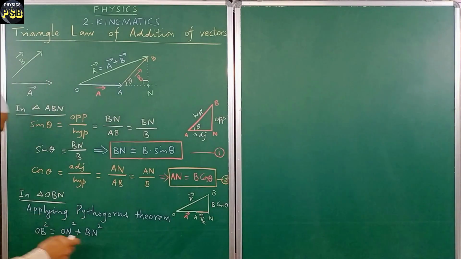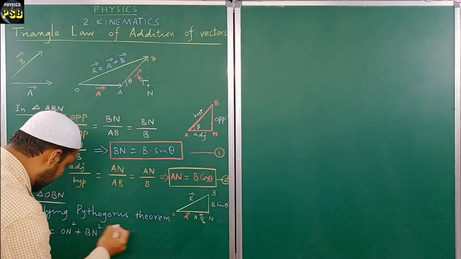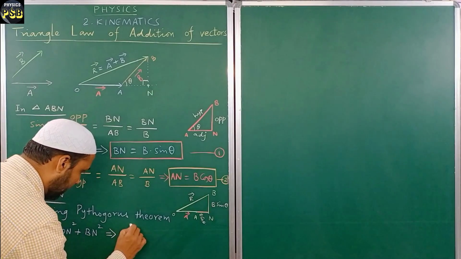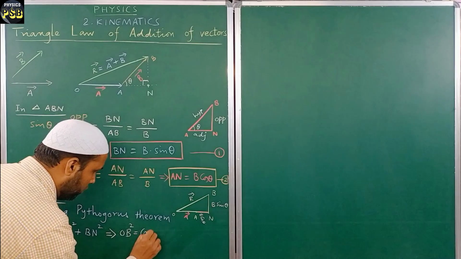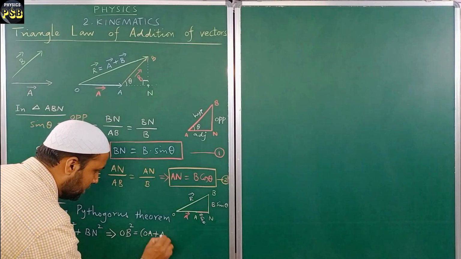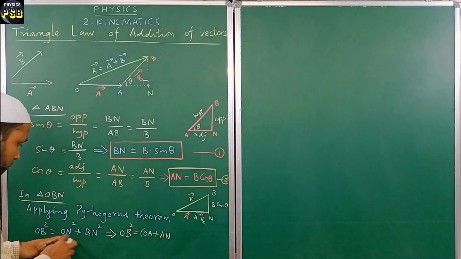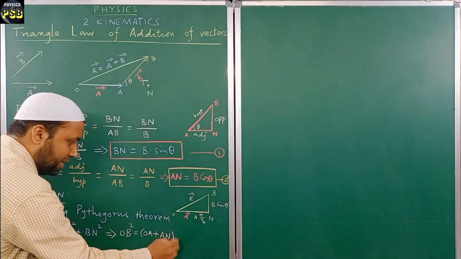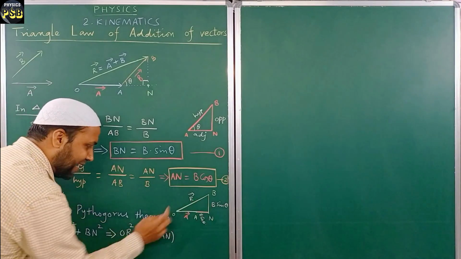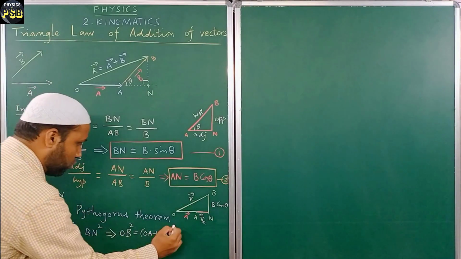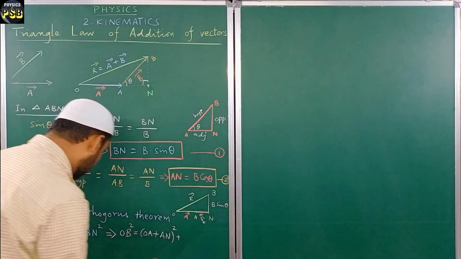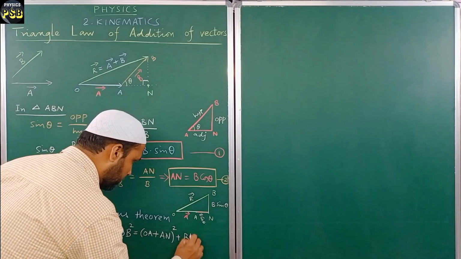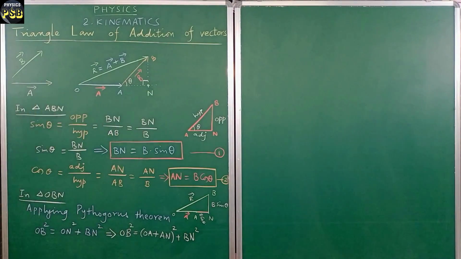So write it like this: OB square is equal to, in the place of ON, I have written OA plus AN. It is obvious from this diagram. Now I square it. Clear? Then here BN square.